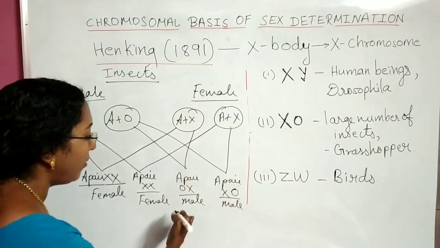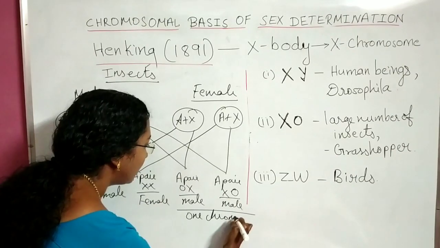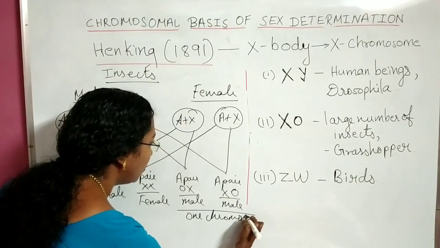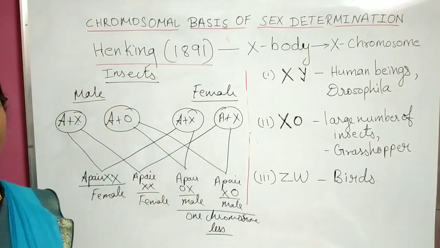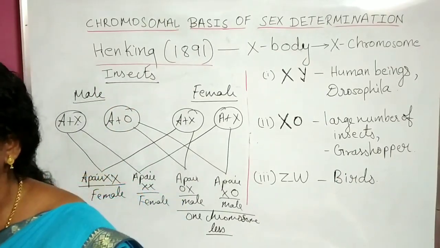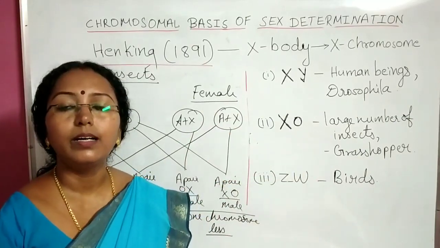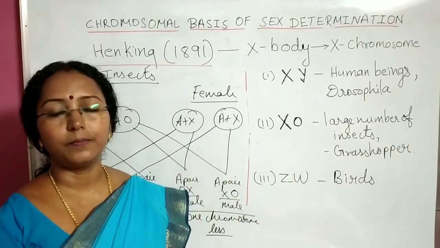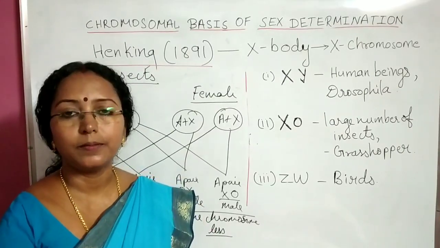So males have 1 chromosome less than females. In total, when you take male insects, especially grasshopper and all, they will have 1 chromosome less. So that way they are showing heterogamety.